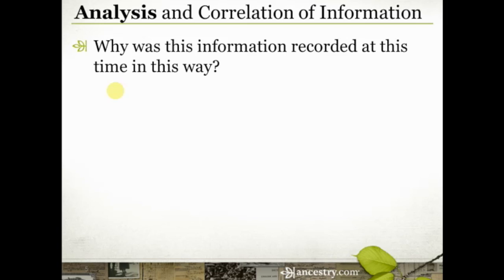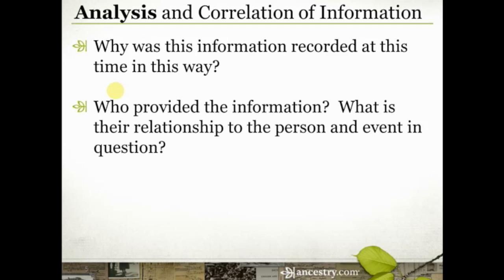So the question is, why was this information recorded at this time in this way? That helps you to analyze the record in such a way that you can start to understand what may be accurate, what may not be accurate, what might have been a copy of information, what information might be intentionally or unintentionally true or false, and we'll talk about that here in just a minute.